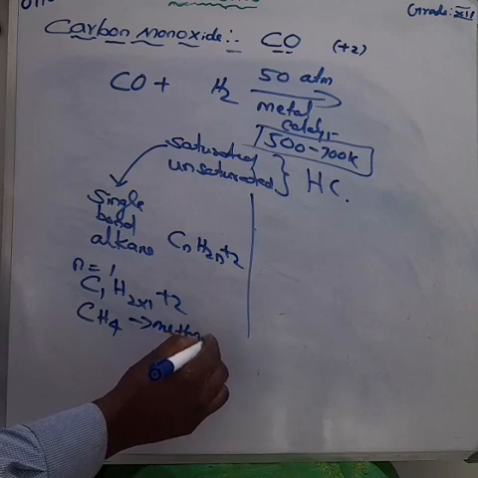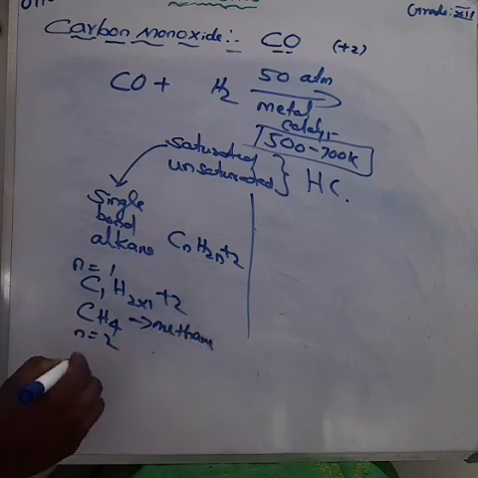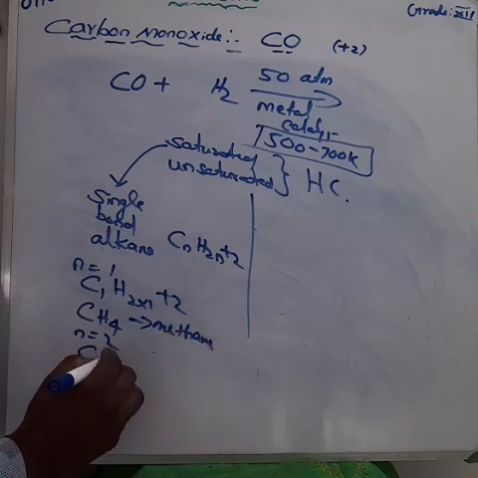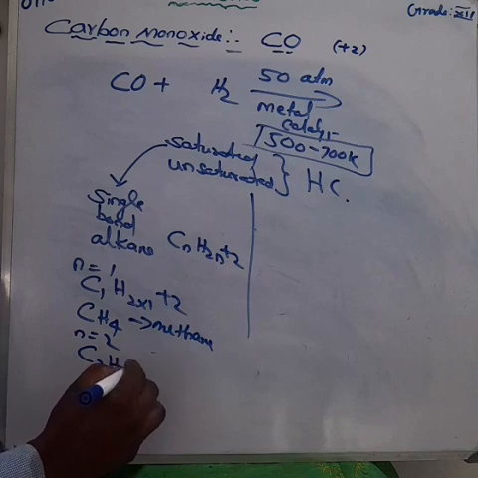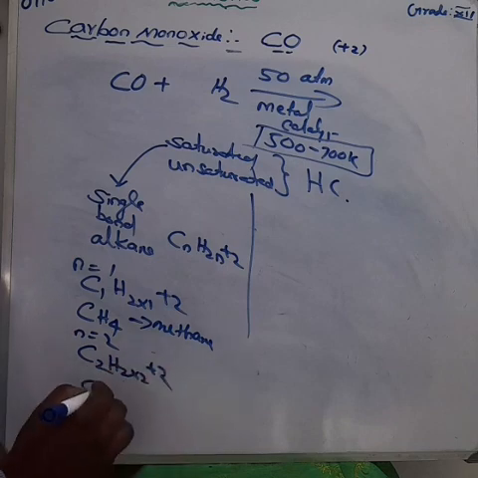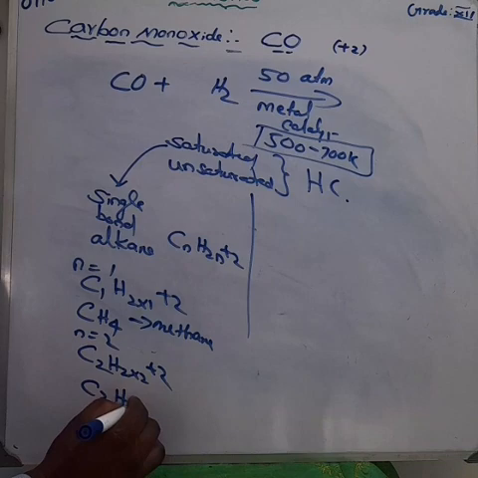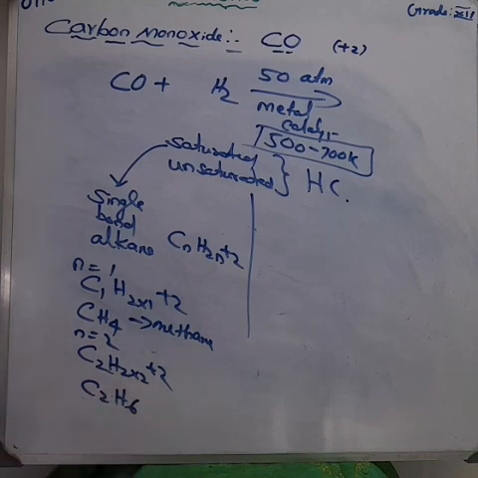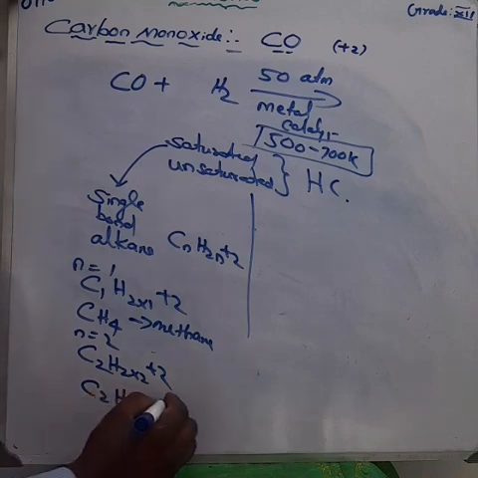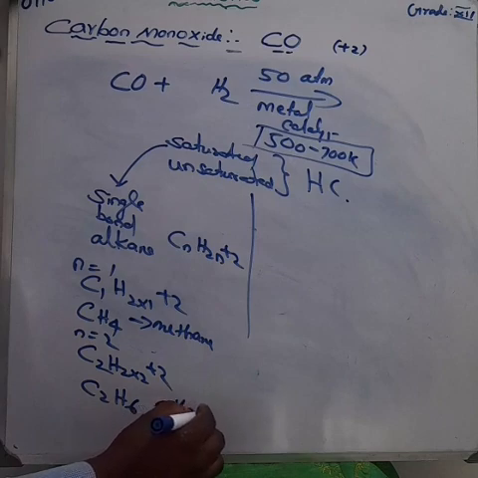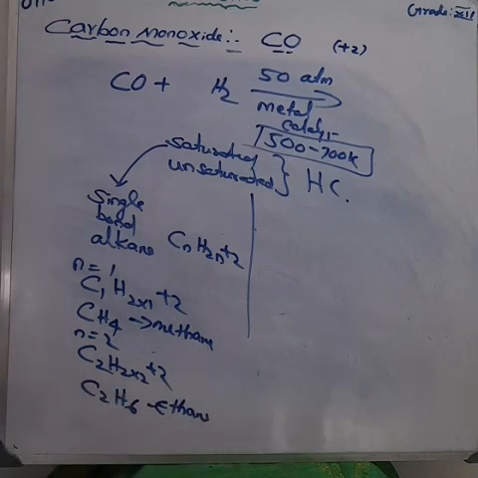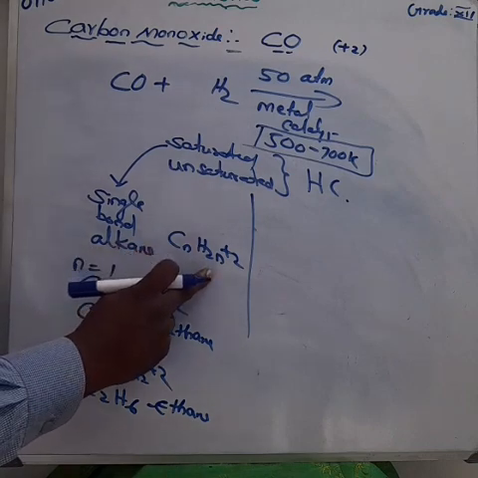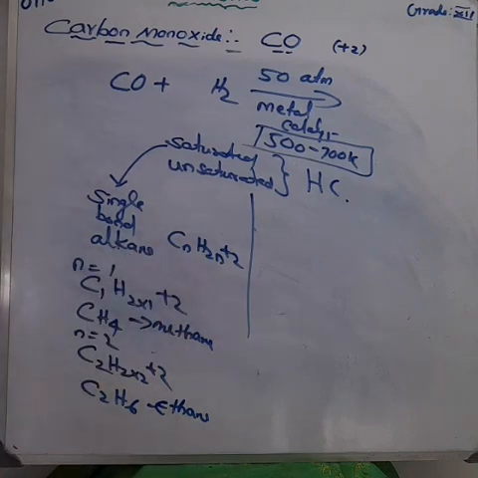Suppose n equals 2: C2H(2 into 2 plus 2), C2H6. So methane, ethane, propane, butane, pentane, these are all alkanes. The general formula is CnH2n+2.